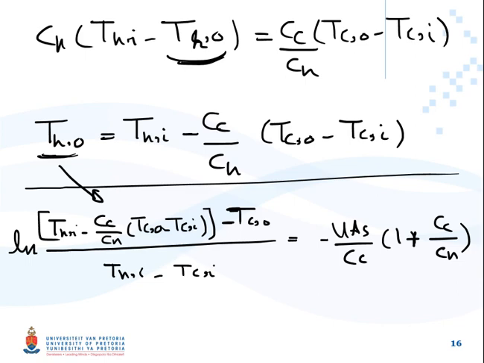Now the only annoying thing for us is this outlet temperature of the cold water. Is there any way that we can get rid of that one with some very small math manipulation? Because if we can do that, then we can have a much easier way to deal with it.